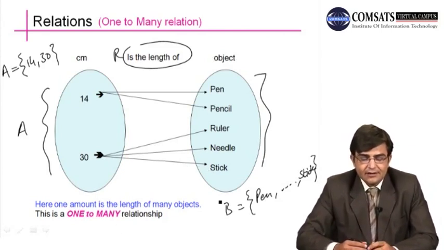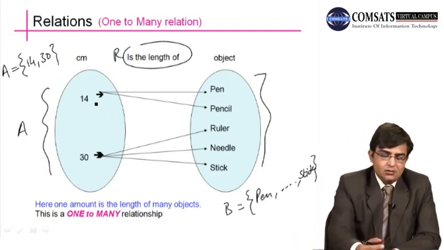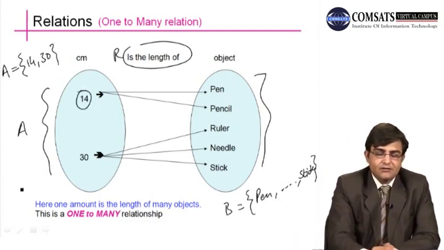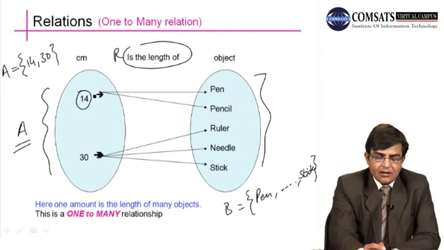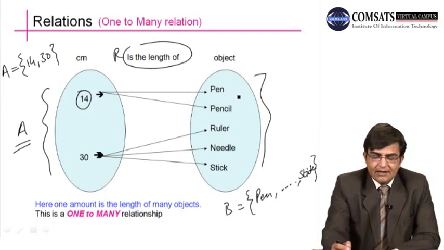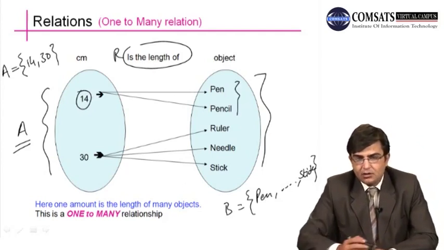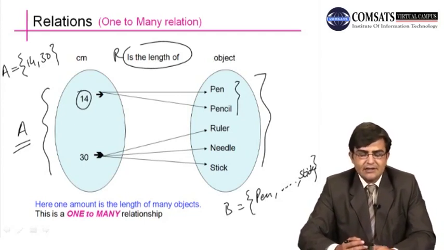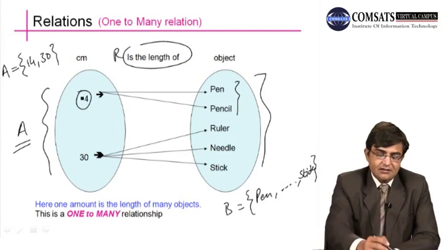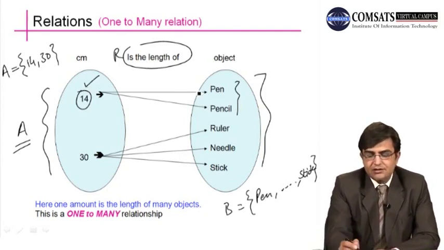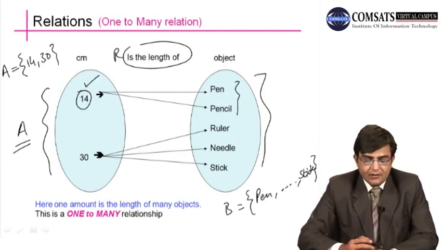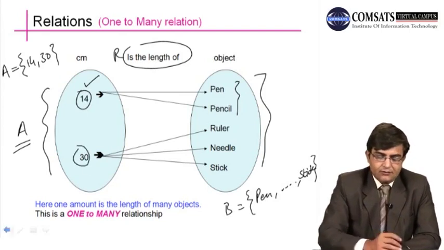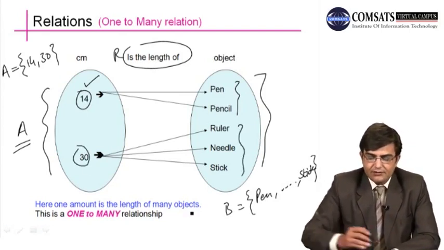Now you can see here that we have related exactly one element of the first set A to many elements. Here we have related two elements, so there is a relation between the first element and two elements of B. There is a relation of this element to three elements of this.